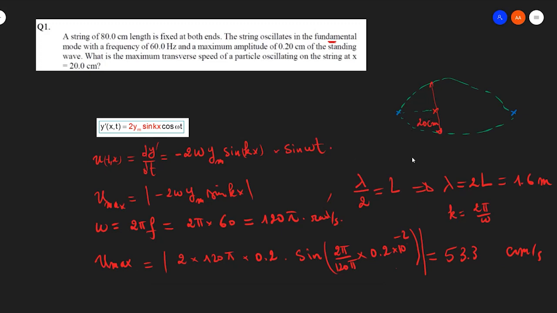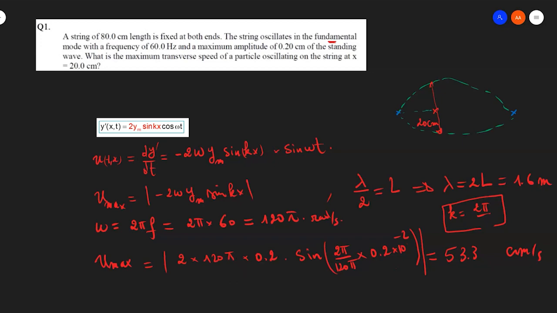And why omega over k? This one is a rule. The relation between omega and k is this one. Sorry, one moment.